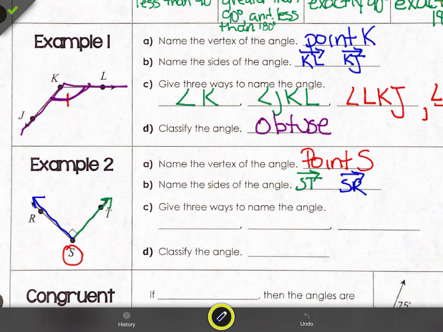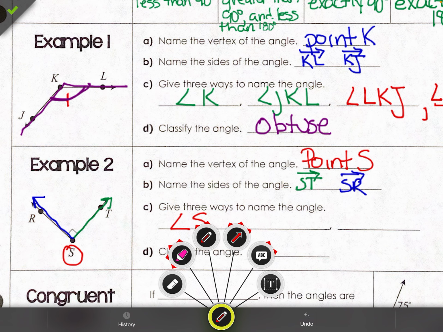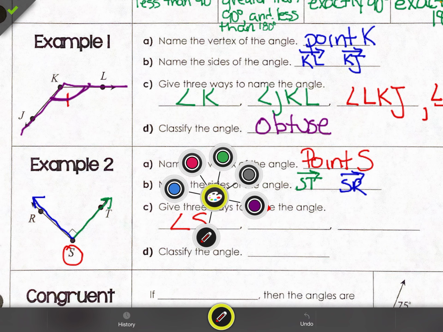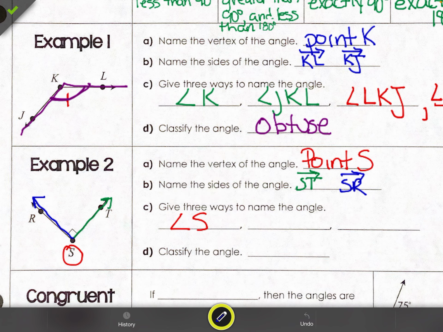So remember, you can always start with your vertex. So you could call this angle S. And then you can use the 3 letters, okay, 3 points, one of them being your vertex. Your vertex has to go in the middle.